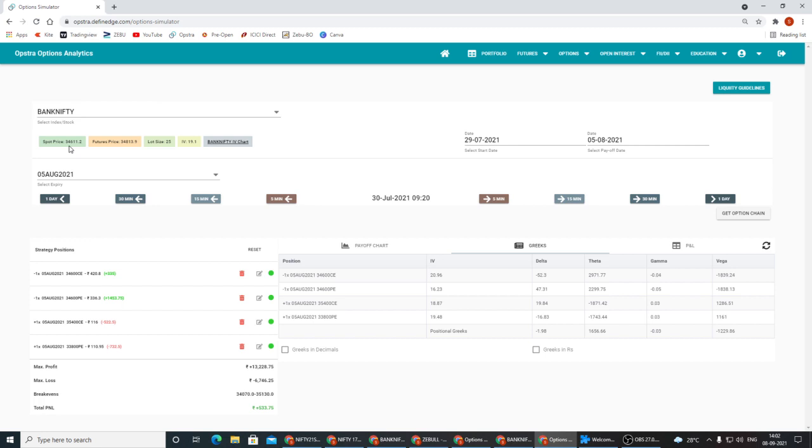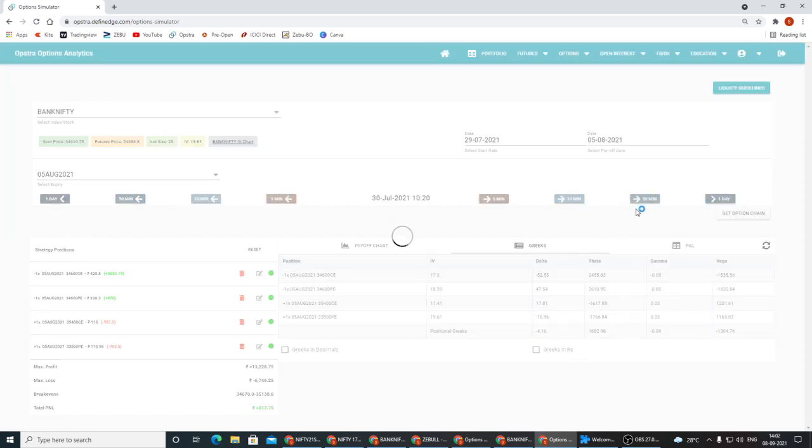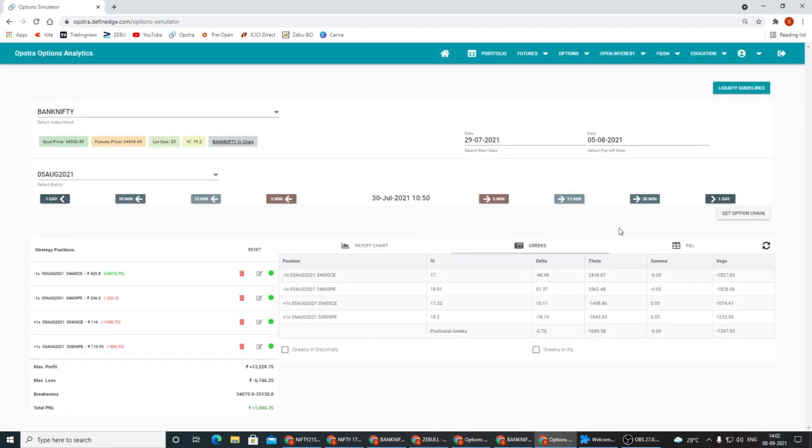What is the market price? 34,600. No problem, delta is managed. The market is coming down and we are in a profit of 1,000 rupees.